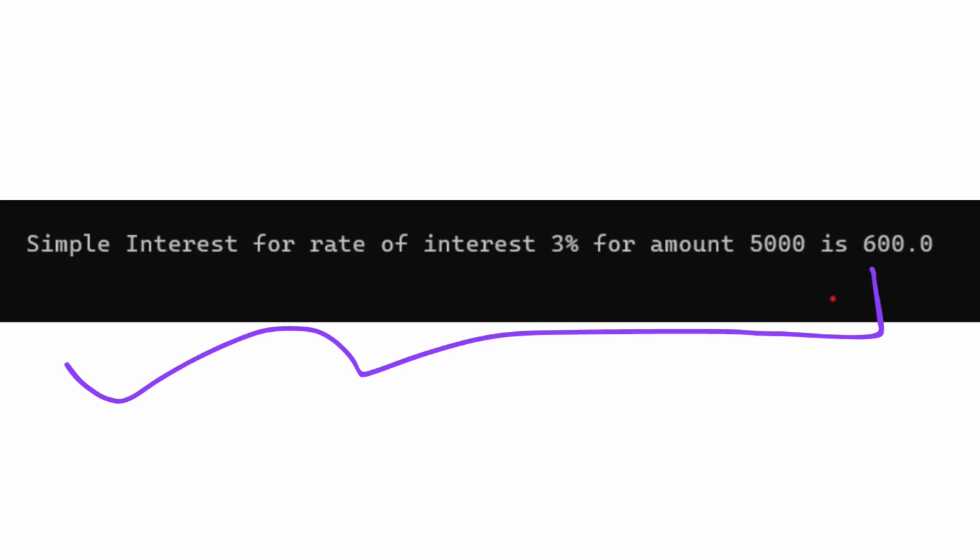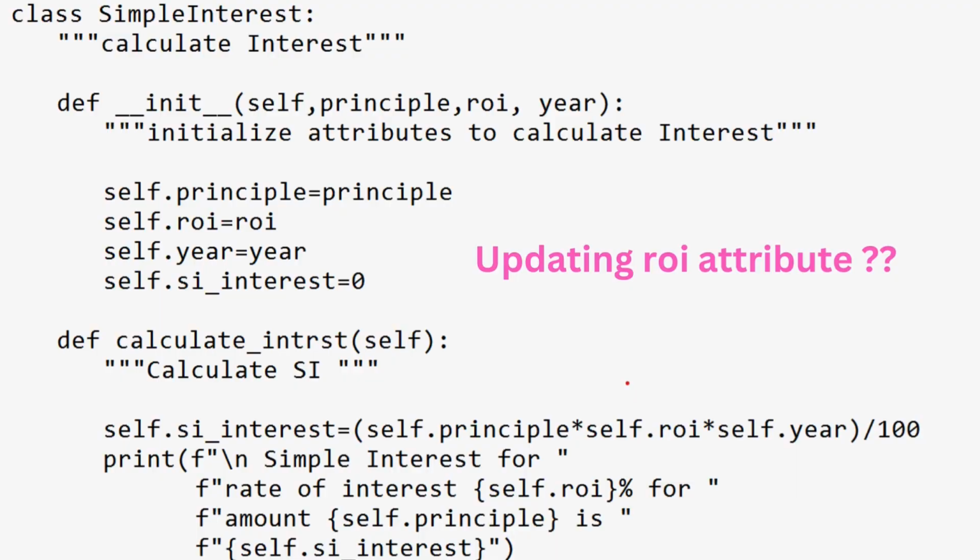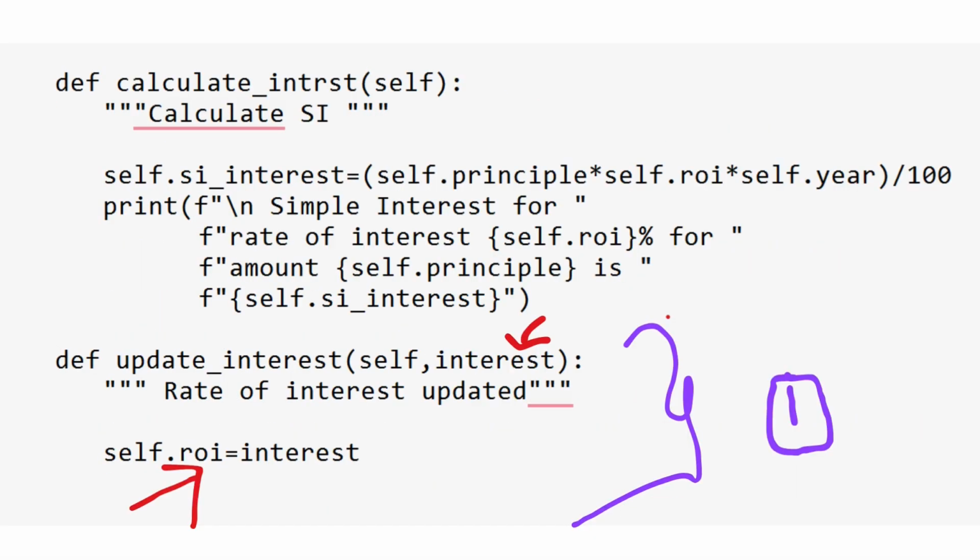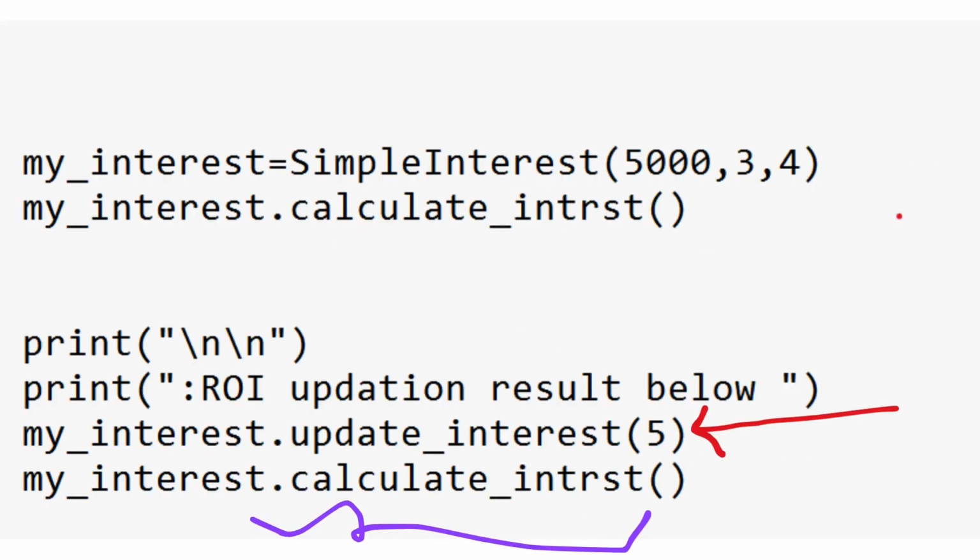So till now we haven't modified any attributes in the class. We just created the instance and passed some argument values through that. Now you think that the rate of interest needs to be updated if the user wants. So you include a method called update_interest, which expects an interest parameter, which is then set to self.rate_of_interest, that is ROI. Now you see here my_interest.update_interest(5).